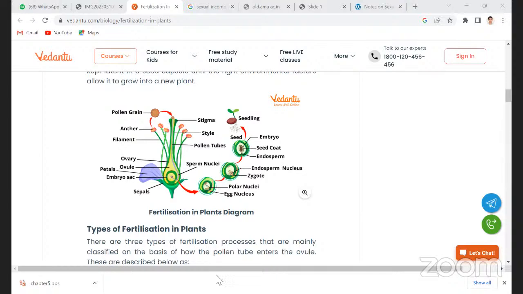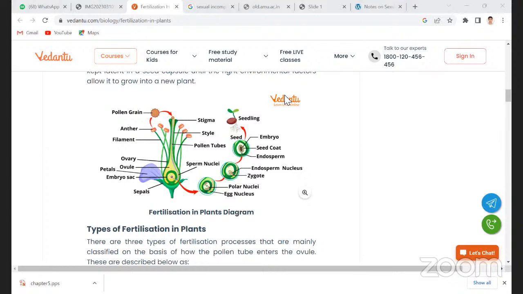Please respond once you recollect. What is fertilization? The fusion of male and female gametes. Fusion of male and female gametes during sexual reproduction is called fertilization, right?